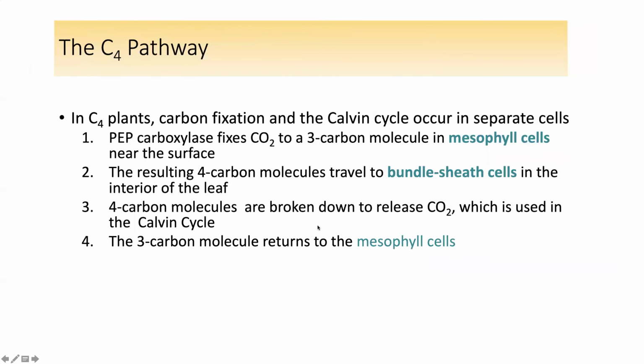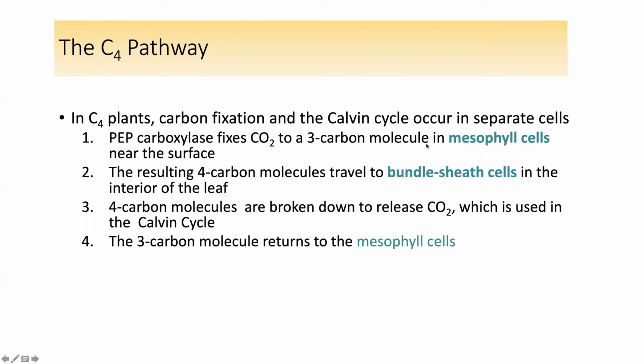All right, so how is this helping our C4 plants? So what we're going to see is that in these plants, instead of carbon fixation and the Calvin cycle both occurring in the same cell, this is going to take place in actually 2 different cell types within the plant. So the first carbon fixation is, again, to that 3-carbon molecule using PEP carboxylase.